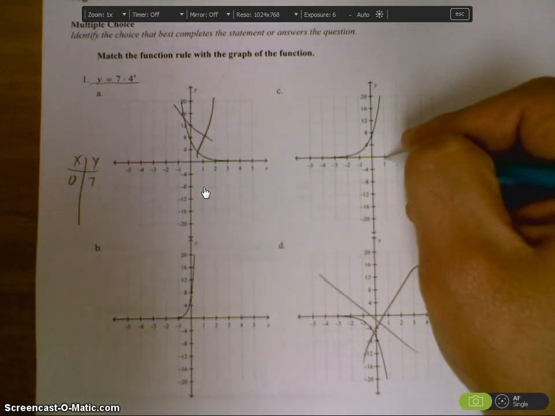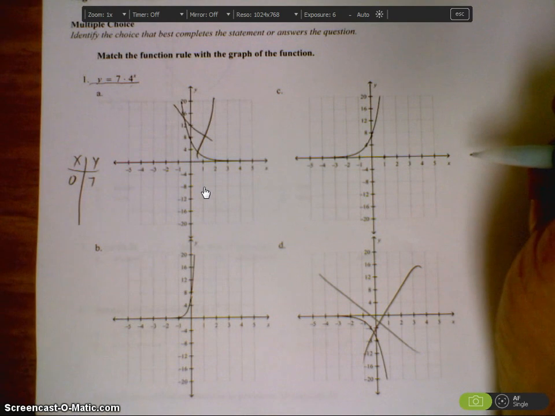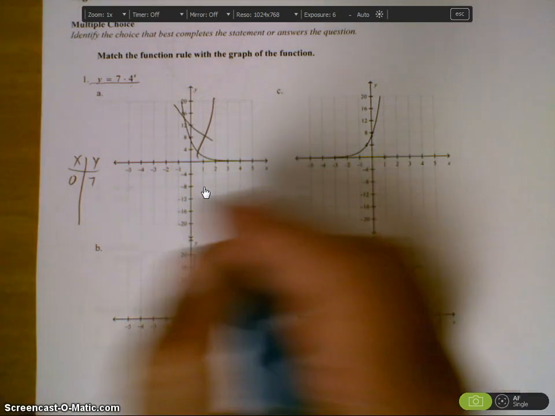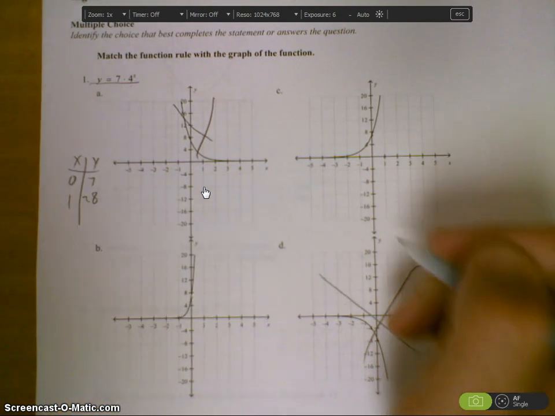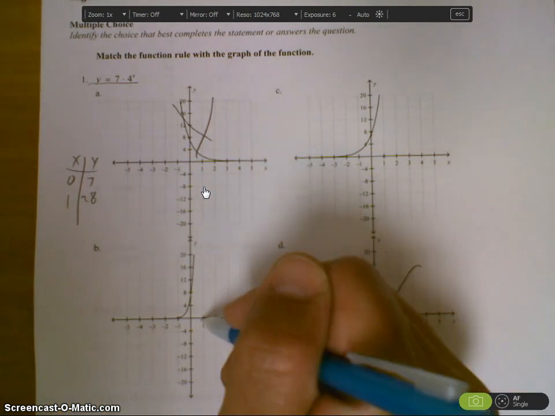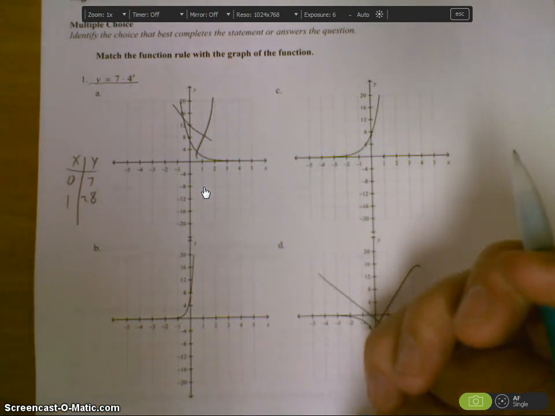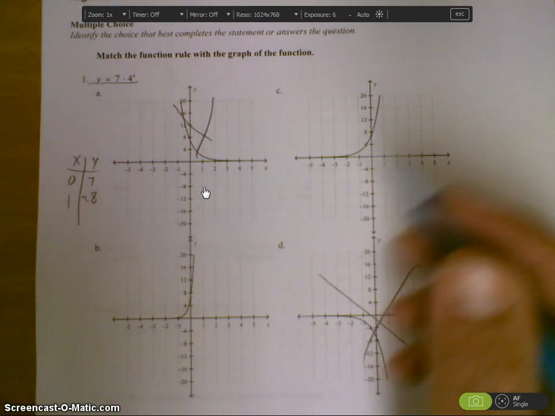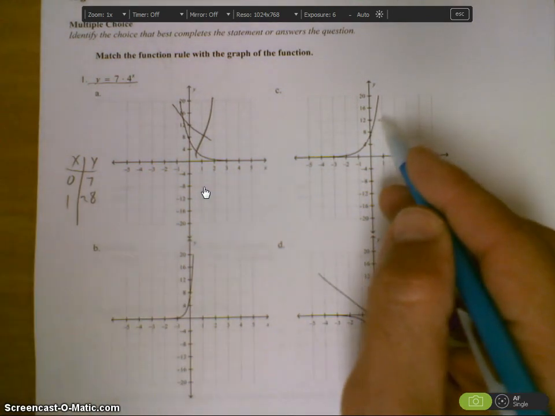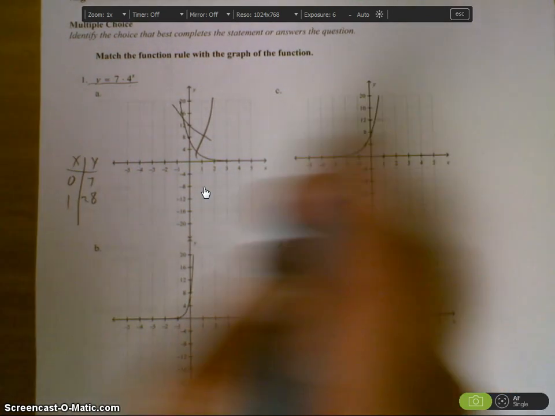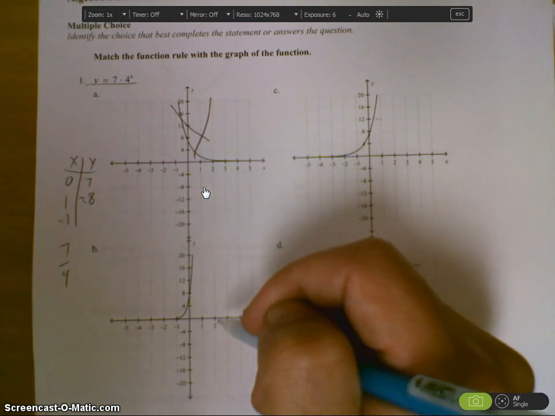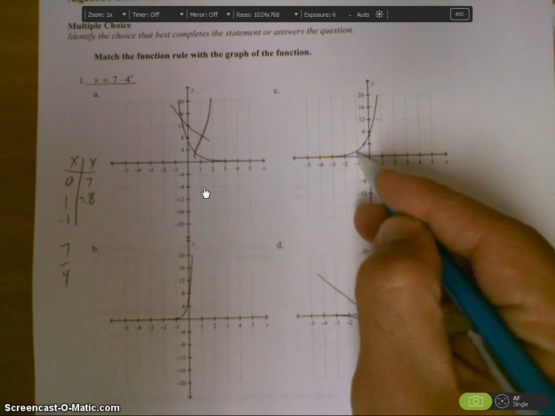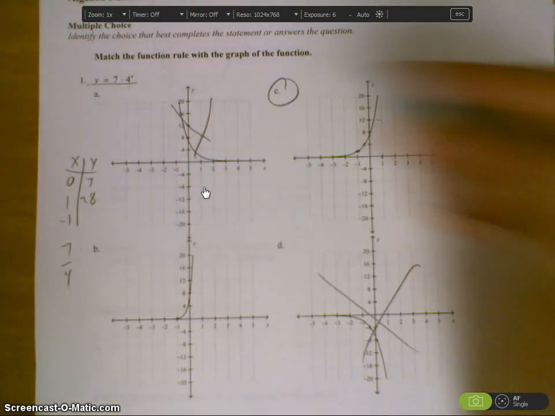Let's try 1. If I plug in 1 here, that's 7 times 4, which is 28. I'm leaning towards C, but we could try -1 as well, which would be 7 over 4. Yeah, that's got to be close. It's C. C is the answer.